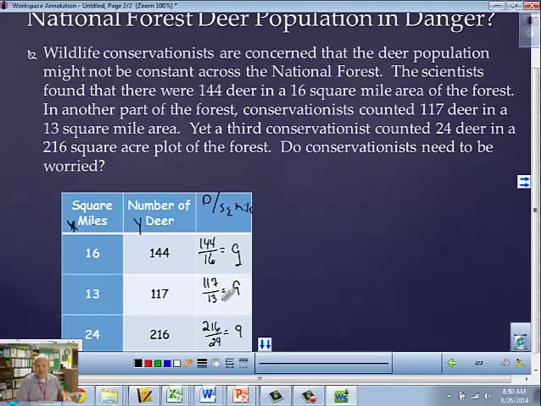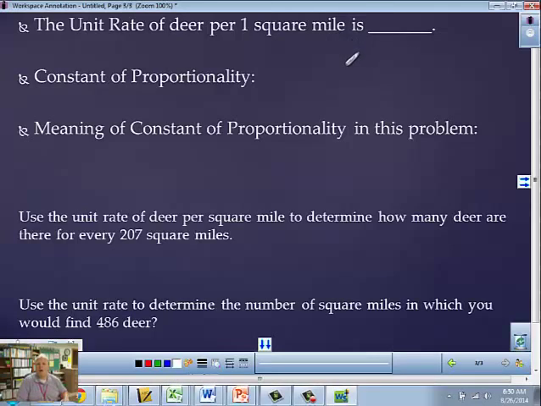Now let's take the same information onto the next slide. Keep in mind that our unit rate is 9. The unit rate of deer per 1 square mile, remember what we said? It was 9. Now I'm going to ask you, what is the constant of proportionality? And all you have to simply tell me is that K equals 9.